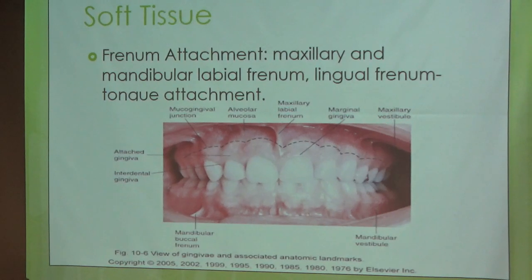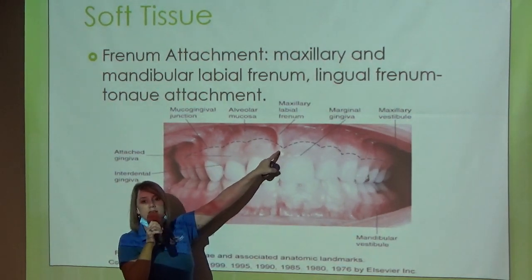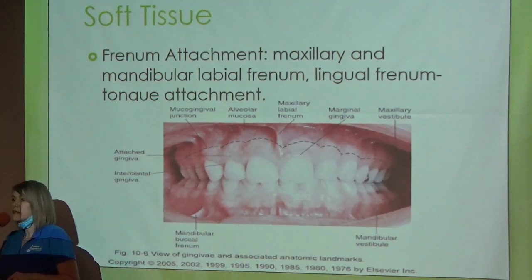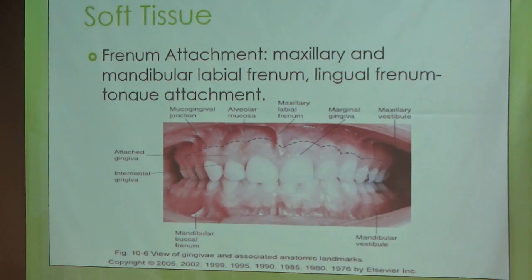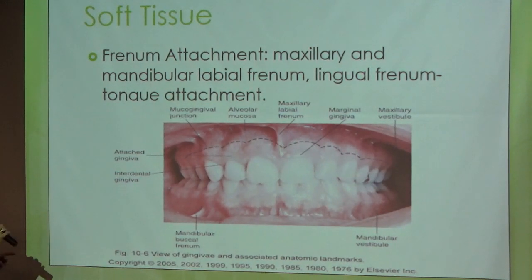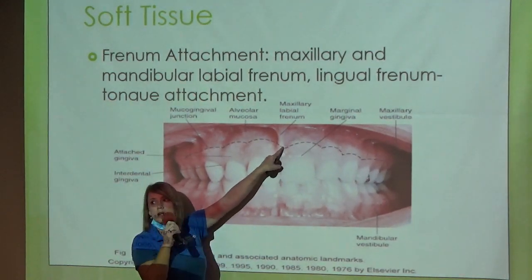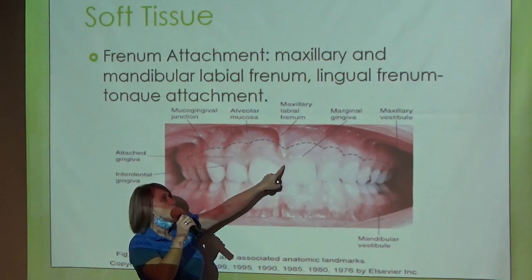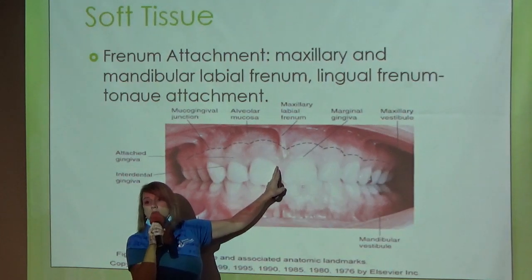This area here is often responsible for diastemas. Diastemas are the space that lies between the front teeth for some individuals. You see this thick tissue right here, the maxillary labial frenum attachment? For some people, it's extremely thick, and it goes all the way down in here and separates these two teeth so they cannot naturally come together.